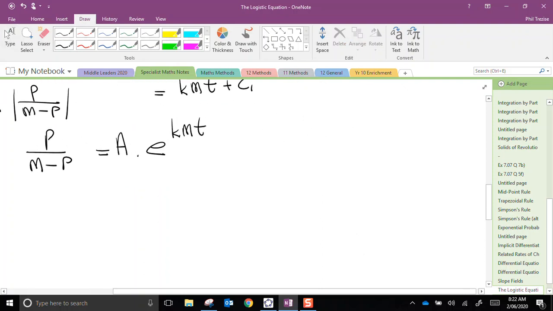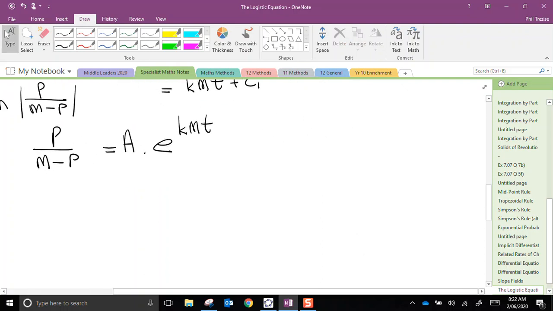This might be an opportune time to evaluate. So at t equals 0, we would normally say that the population is p0. Let's substitute. I would say p0 over m minus p0, where m is the maximum carrying capacity, equals the unknown factor a.